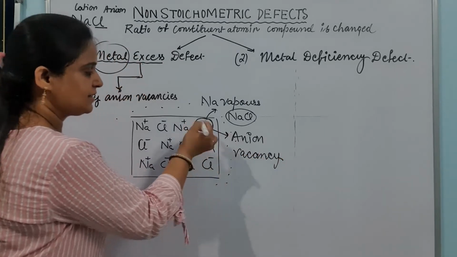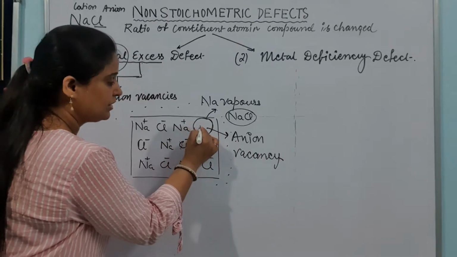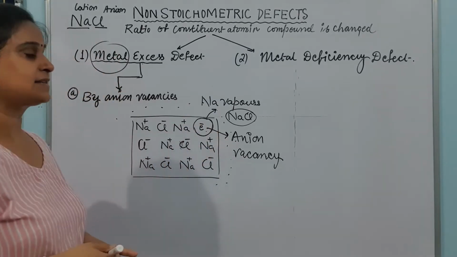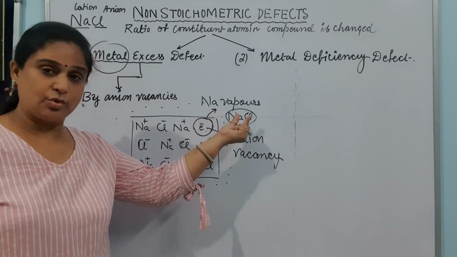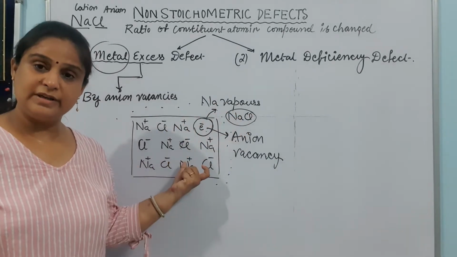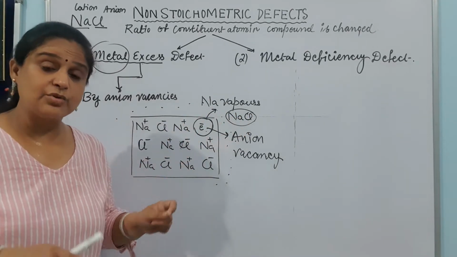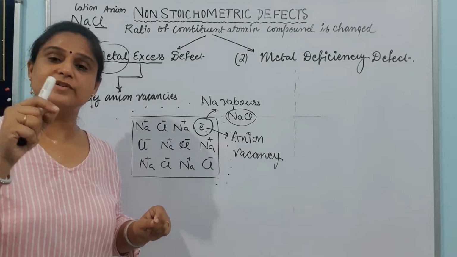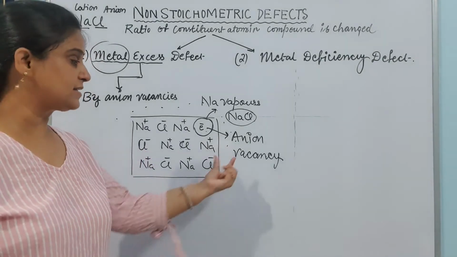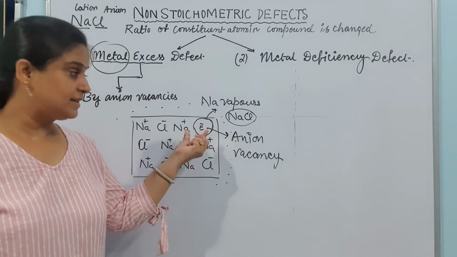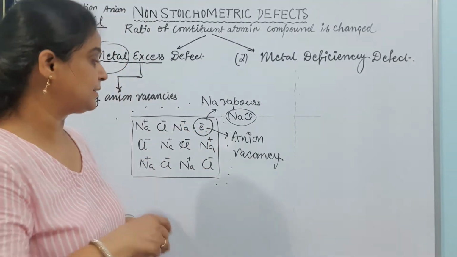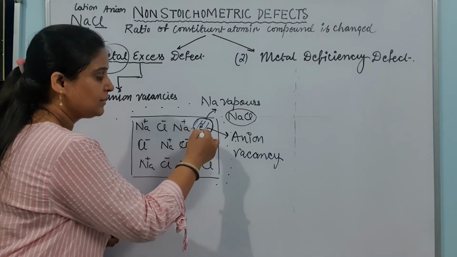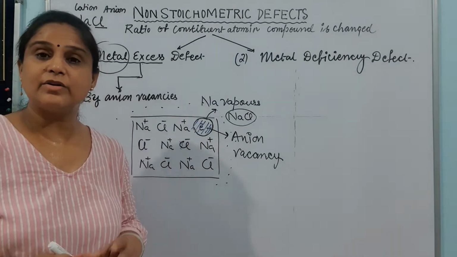Now this vacancy will be occupied by the electron which is lost by this anion. So ये जो anion है, this is going to go outside and it is going to leave its electron, and this electron will be occupying the space which was anionic space, anionic vacancy, and this center, this area where the electrons are existing here, this area will become responsible for the color of the crystal.